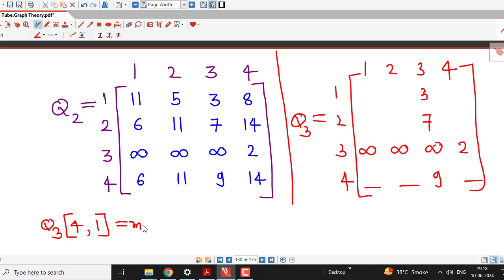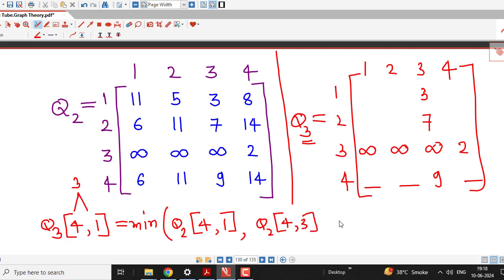You can guess this is the minimum of, because we are writing q3, here we will use q2, the previous matrix, q2 4 1, and because here I have suffix 3, the intermediate number is 3, so I will go from 4 to 3 first, and then from 3 to 1.